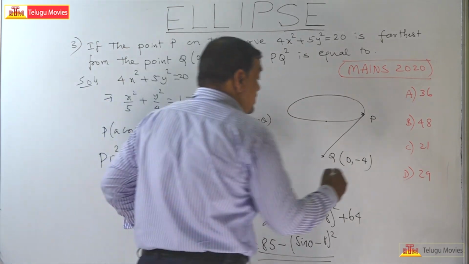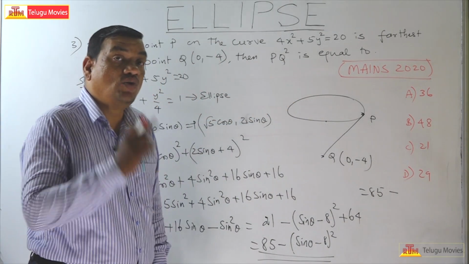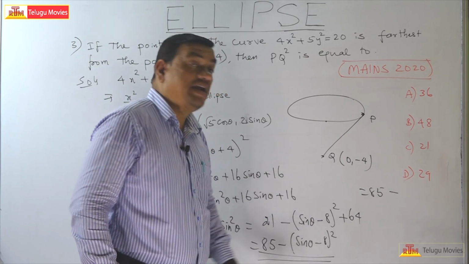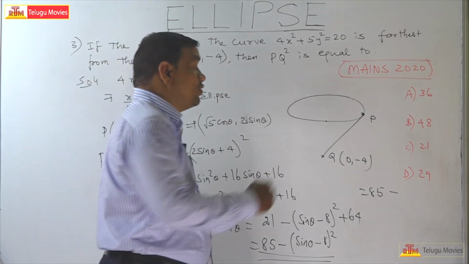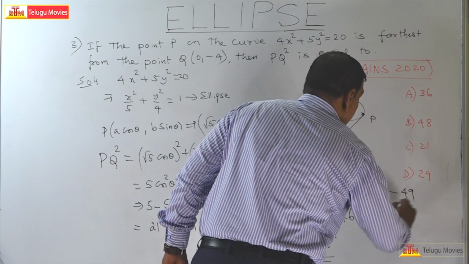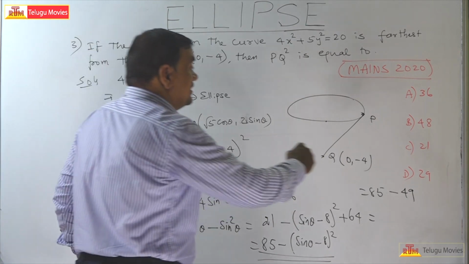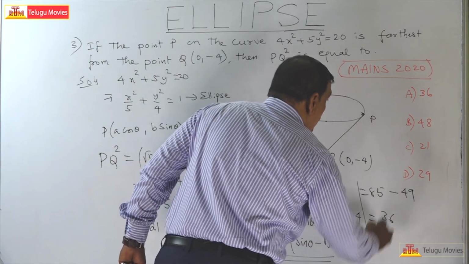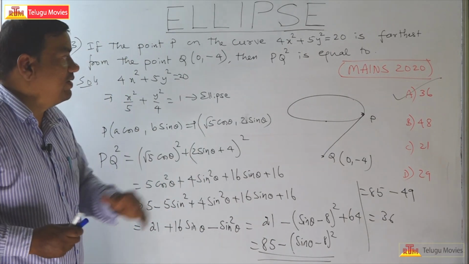Substitute sin theta equal to 1: 1 minus 8 is minus 7, minus 7 whole square is 49. So 85 minus 49 is 36. So 36 is your correct answer, the maximum distance.